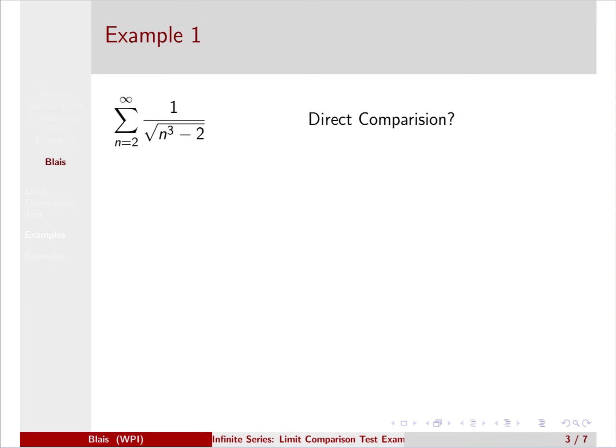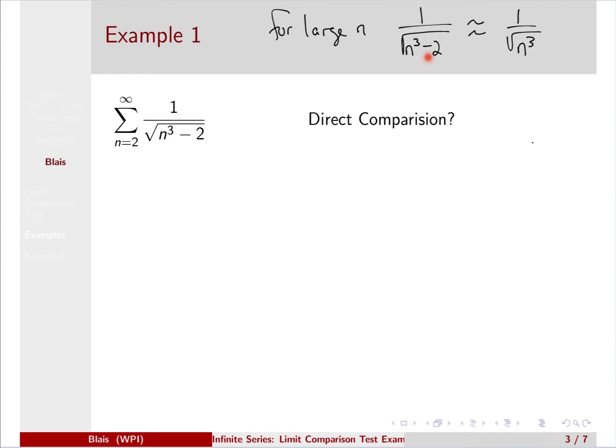So let's look at an example. And with the knowledge that we have prior to learning the limit comparison test, we might try the direct comparison test. So consider the sum, n going from 2 to infinity, of 1 over root n cubed minus 2. So the first thing we might note is that for large n, that expression, 1 over root n cubed minus 2, is going to be close to 1 over root n cubed.